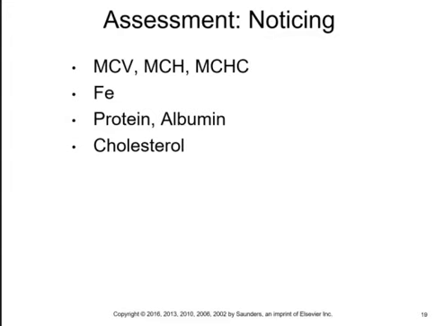So we talked about that in the fluid and electrolyte week, or in the oncology week even, where when they have that microcytic anemia, those cells are pretty tiny. And that is a result from iron deficiency. These clients are also going to have low protein and low albumin and low cholesterol, and that's from decreased absorption of fats. So nutrition is really going to be a focus with these clients.